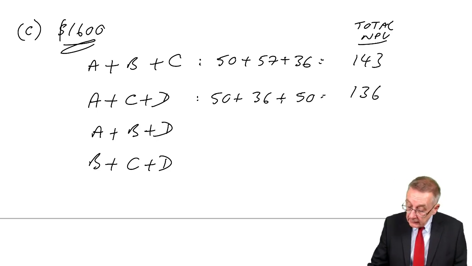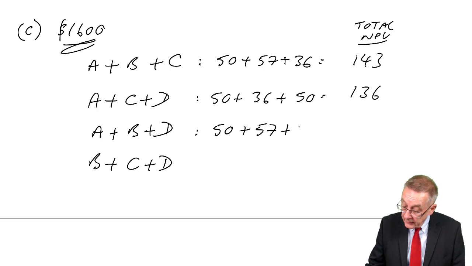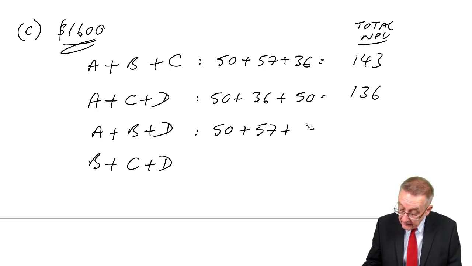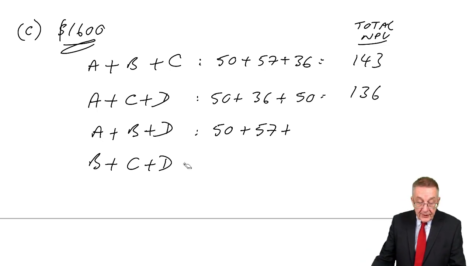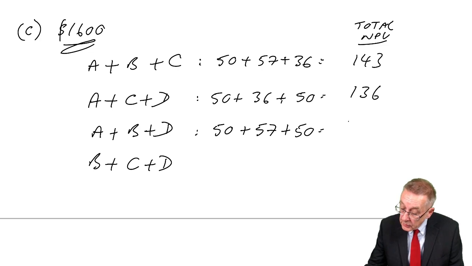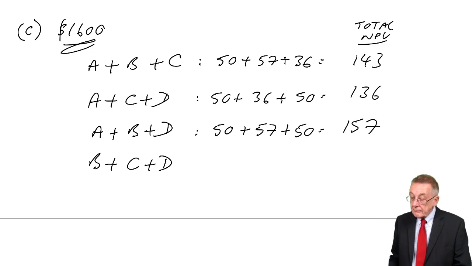A, B, and D, I beg your pardon. A 50, B 57, D 50, so a total of 157.